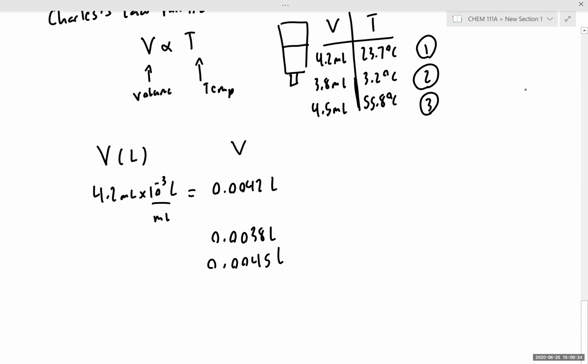Now let's do the same thing and convert our temperature to kelvins. So we have 23.7 plus 273.15, which gives us 296.85.